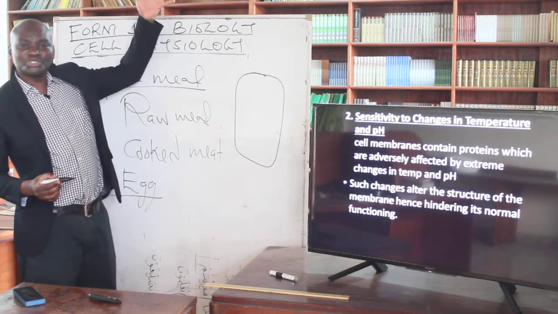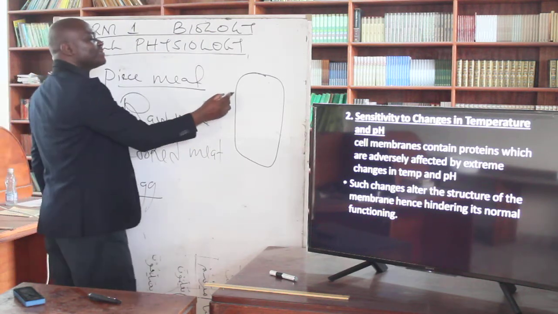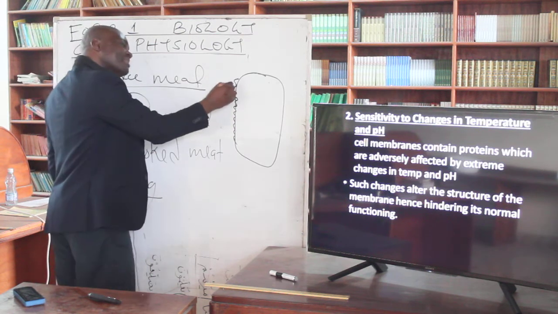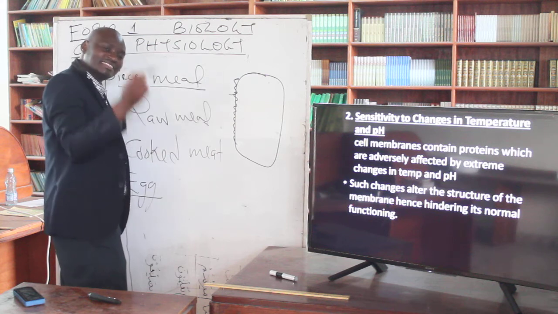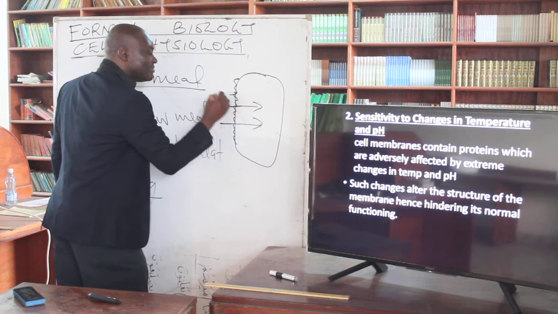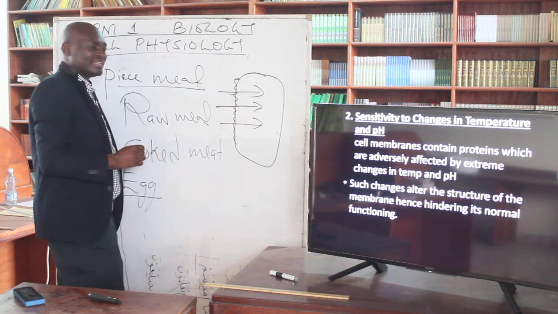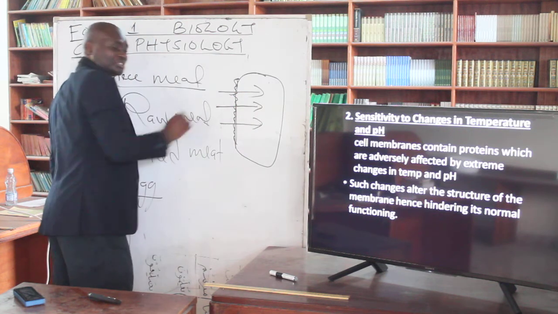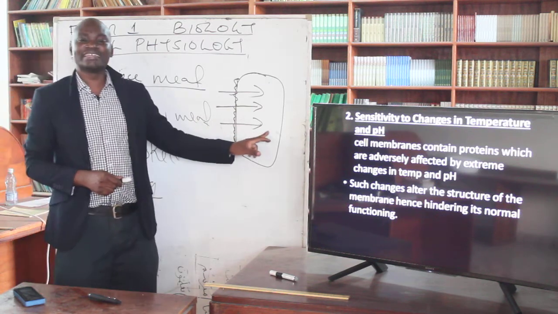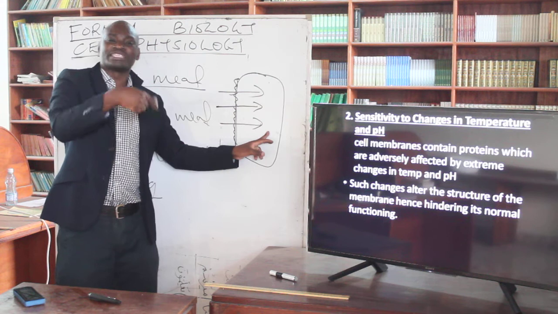When the temperature is too high, the cell membrane is destroyed. And if the cell membrane is destroyed, and last time we said substances must move into the cell, what will happen? The cell membrane cannot function. It will not allow glucose to get in and get into the mitochondria for respiration.